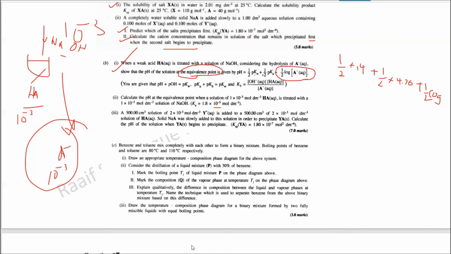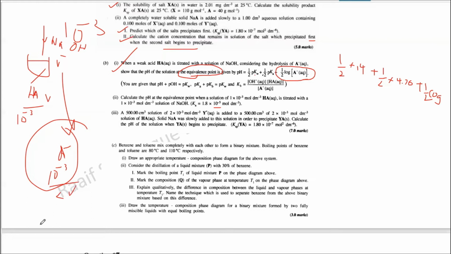but don't forget the volume is doubled. Okay, because when you titrate this same concentration with the same concentration, you need to add V volume here, and there should be V volume here, and finally this should be 2V.